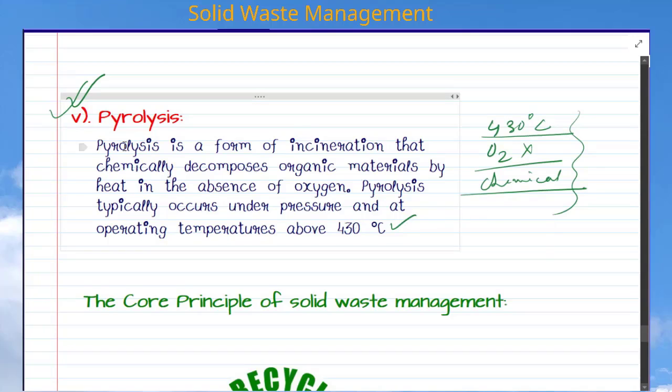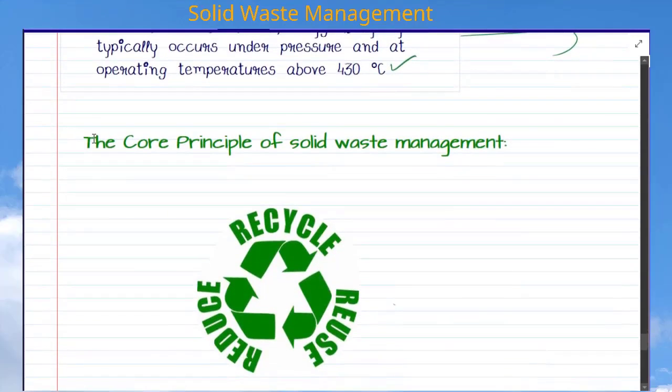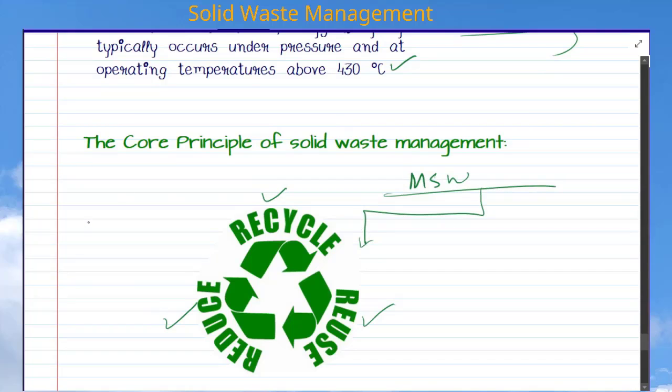So we are discussing solid waste management. The core principle of solid waste management is recycle, reuse and reduce. So from municipal solid waste we can segregate the materials. First thing we have to do is segregation, or you can say separation of different types of solid waste.